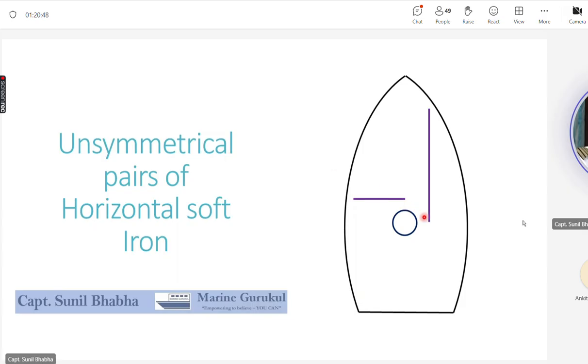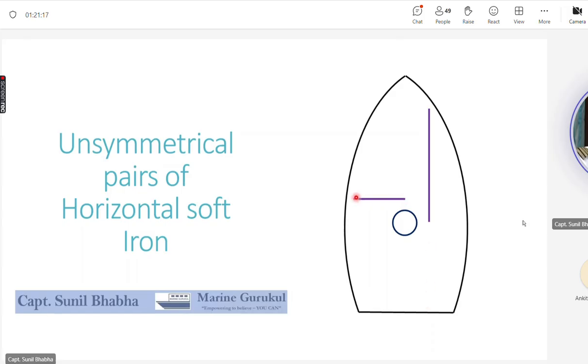If you look closely, the fore and aft HSI which we have is present only forward of the compass location. The circle which you see in the middle of the ship is representing the compass, the binnacle, and the HSI in the fore and aft orientation is only present forward of the compass and it is not there aft of the compass. This kind of a HSI is known as unsymmetrical HSI.